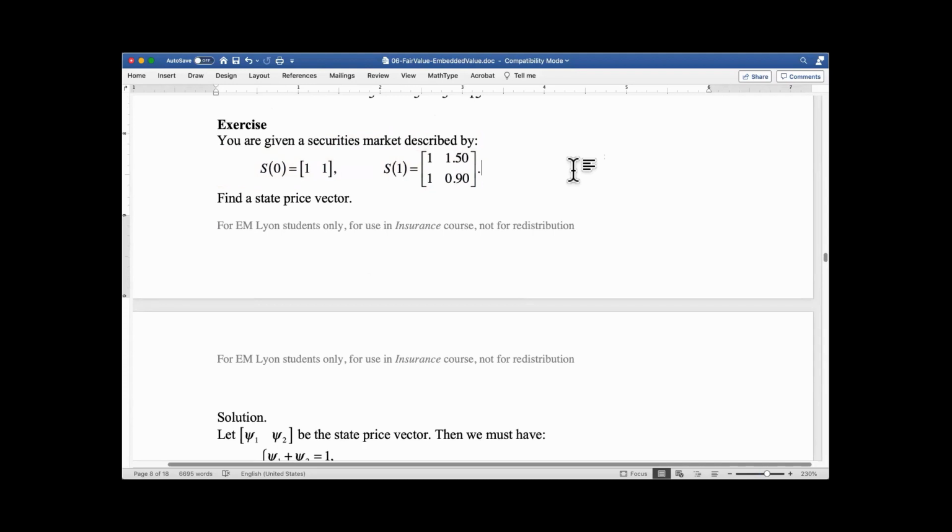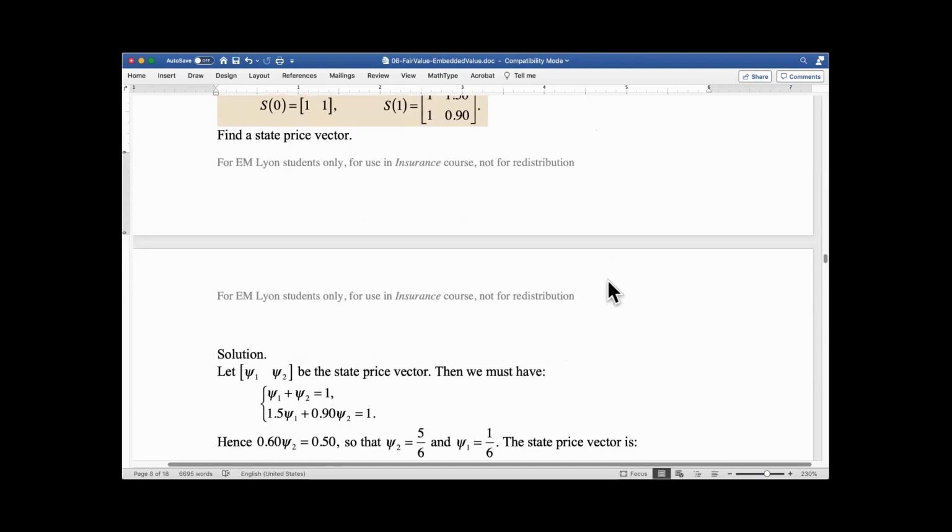It pays the same no matter what happens. If it pays the same no matter what happens, then it's risk-free. The payoff of investing 1 in it at time 1 will be 1 plus the interest rate. If 1 plus the interest rate is equal to 1, then the interest rate is 0. So in this market, the interest rate is 0.